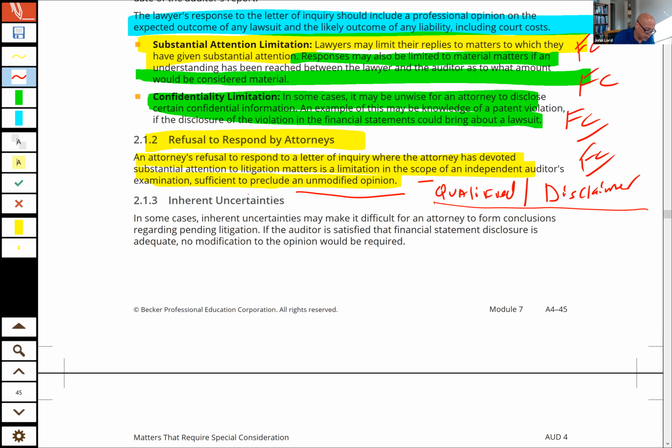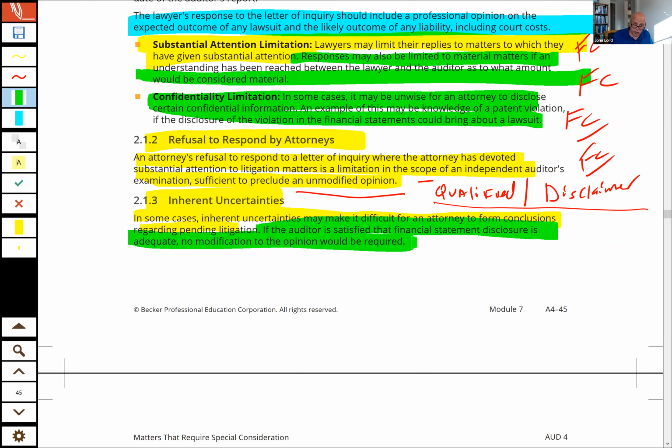Now, inherent limitations, and in some cases, uncertainties make it difficult for the attorney to form a conclusion regarding pending litigation. If that's the case, then the auditor would expect there to be the appropriate disclosure of such uncertainty. We don't know what the range is, et cetera. What are you going to do?